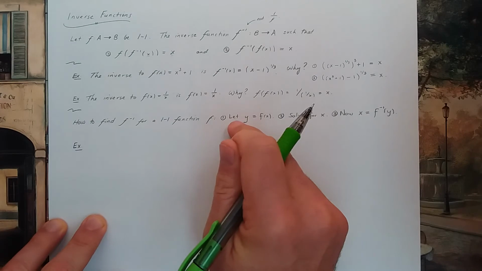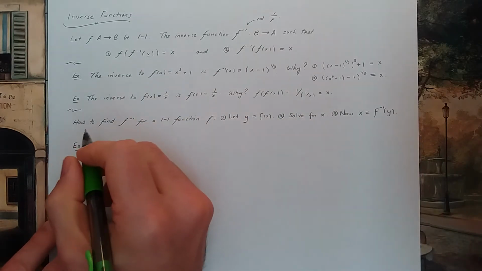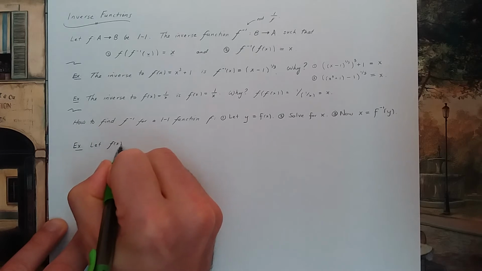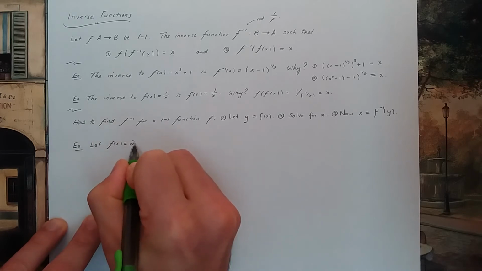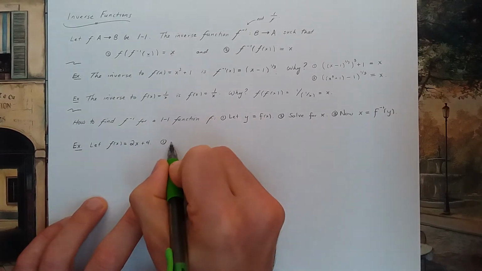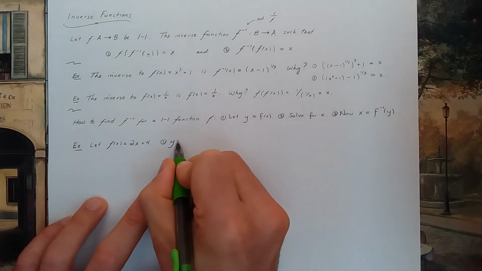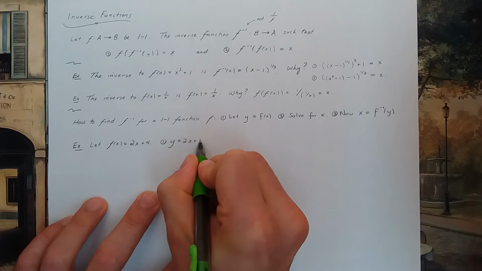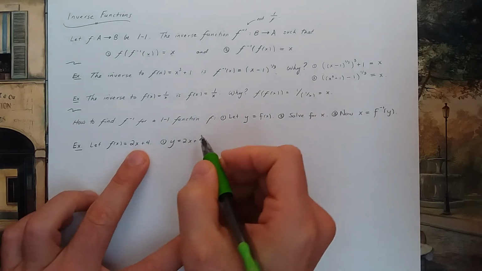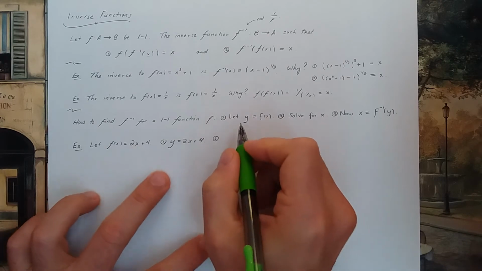So let's see an example of how to follow this step-by-step procedure. Let's say I let f of x equal 2x plus 4. Then what happens? I'm going to do y equals 2x plus 4. So that's my step 1. I'm just going to let y equal this function. Step 2.